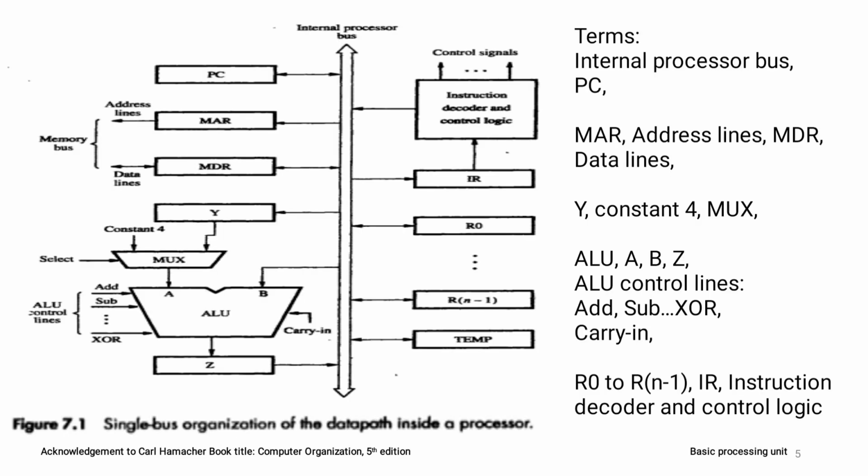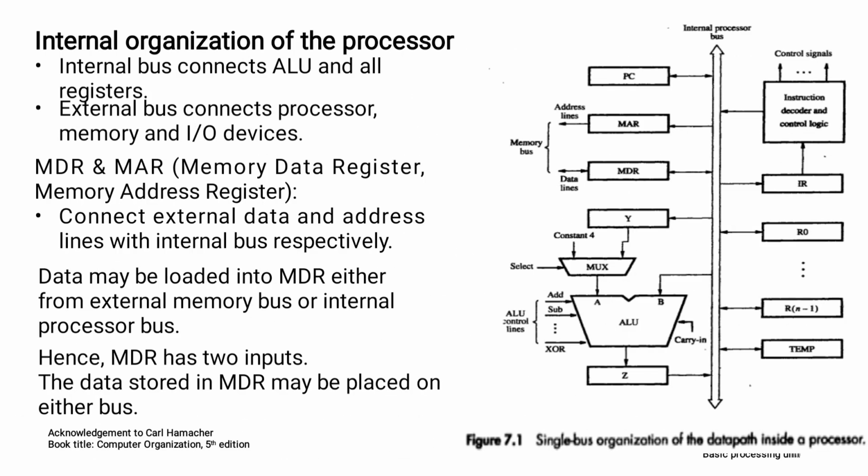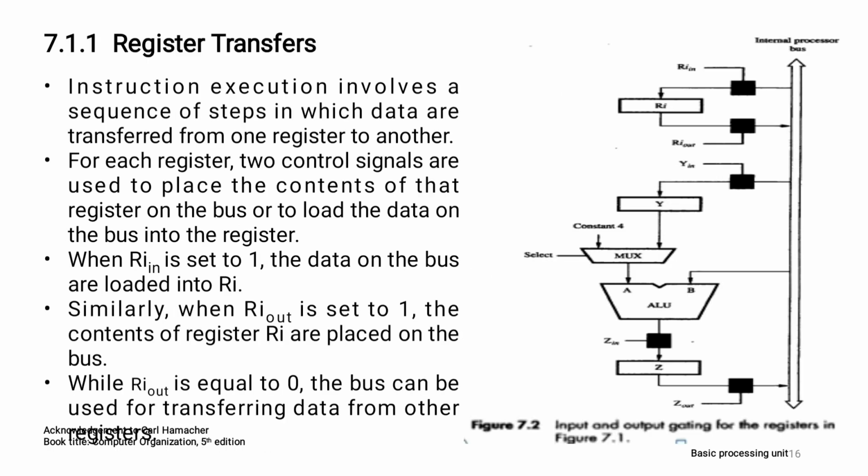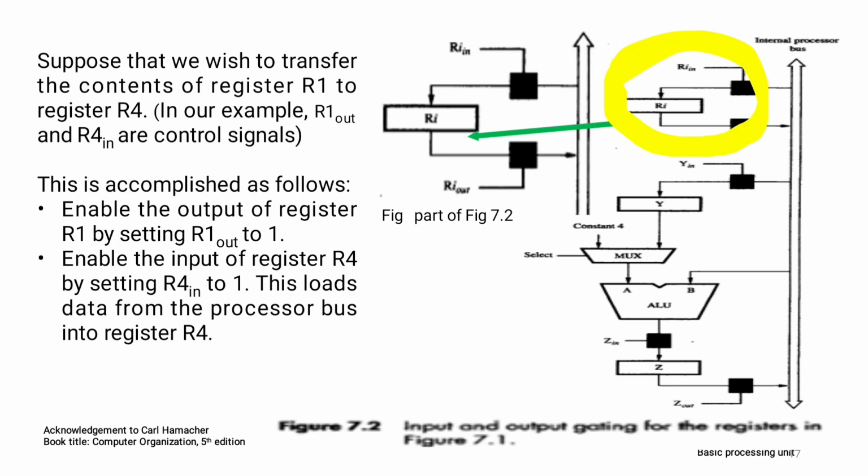The data path inside the processor, the internal organization of the processor, and what different 4 kinds of operations are needed in specified sequence for executing an instruction, how register transfers take place and what is the meaning of input and output gating for registers and why they are required, how the move R1, R4 instruction is executed. With that example, input and output gating for the registers is explained in detail.